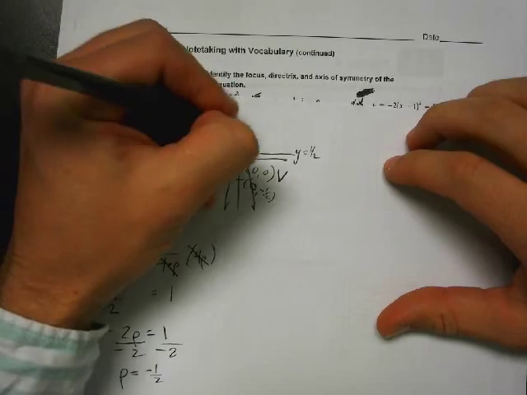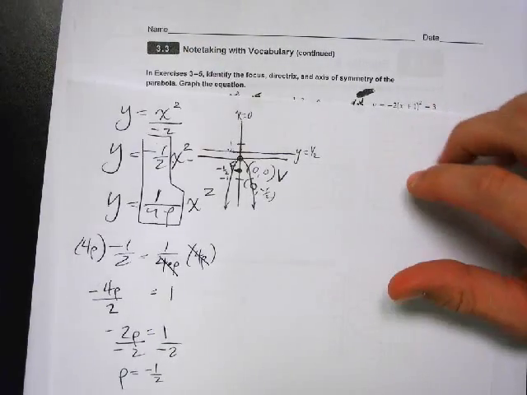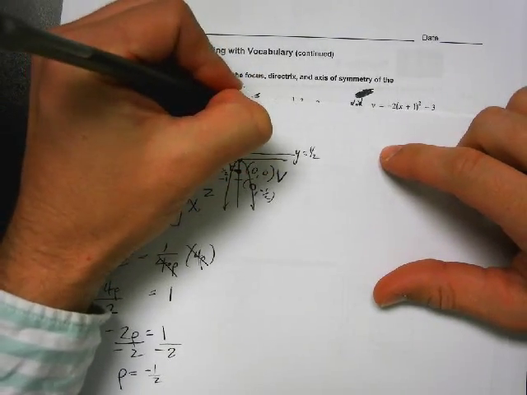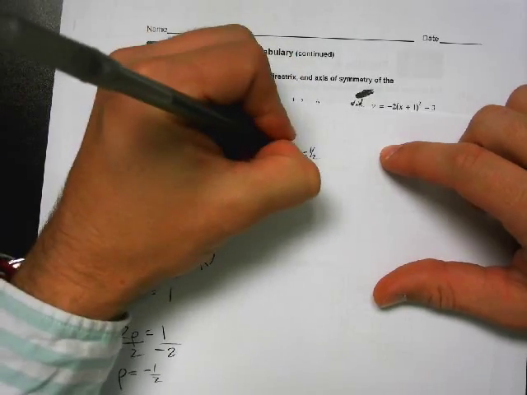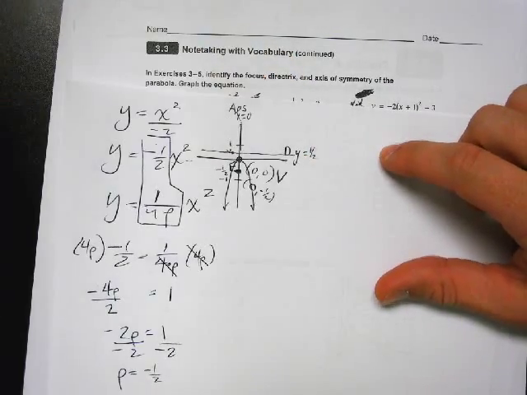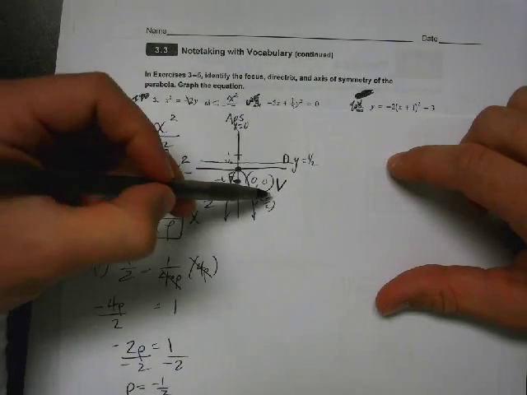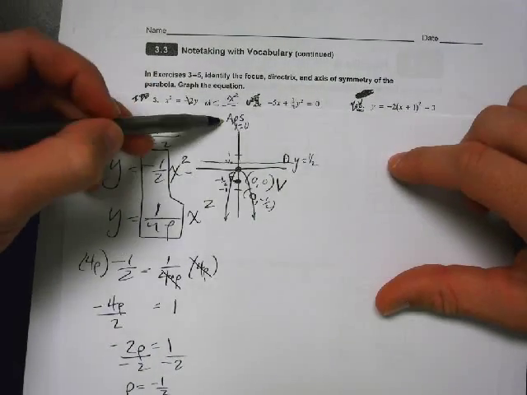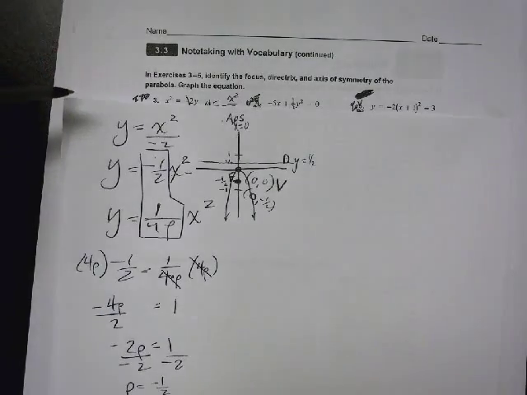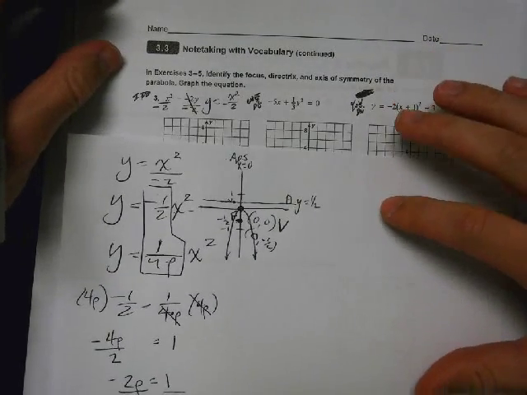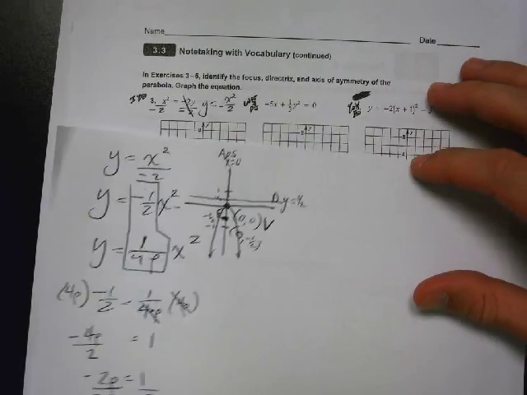And then my axis of symmetry is going to be here at x equals 0. And now I have my graph, directrix, vertex, focus, and axis of symmetry. Let's go on to number 4.